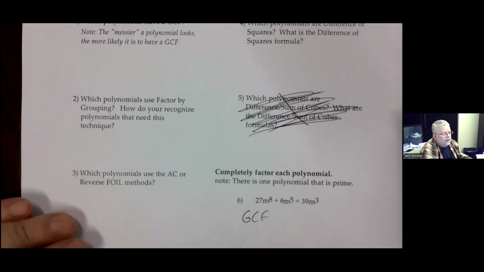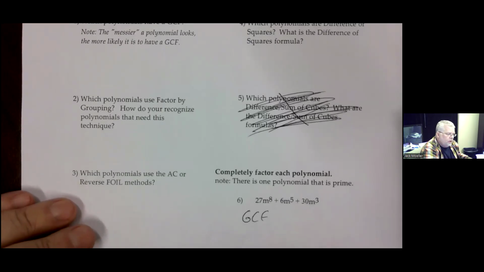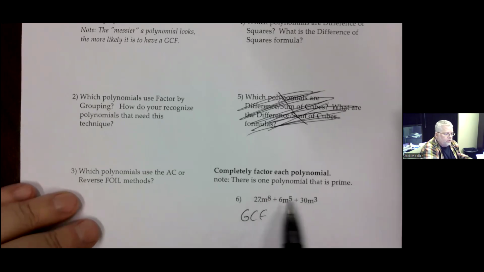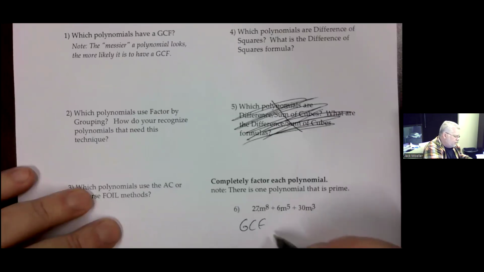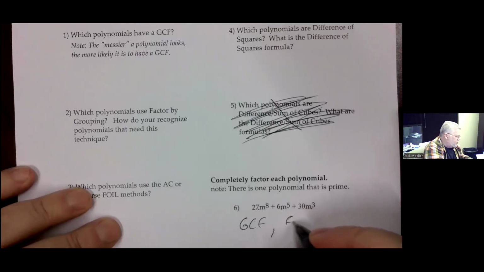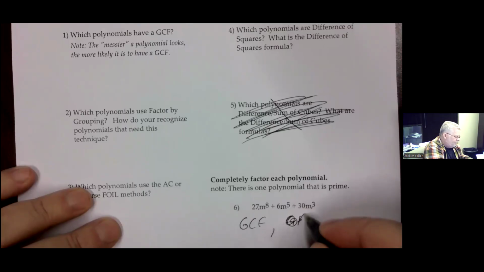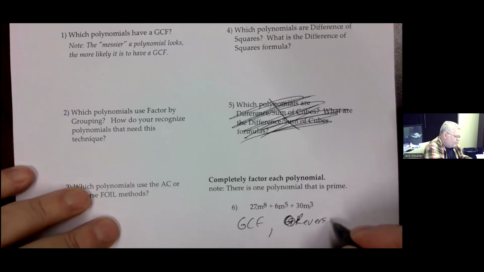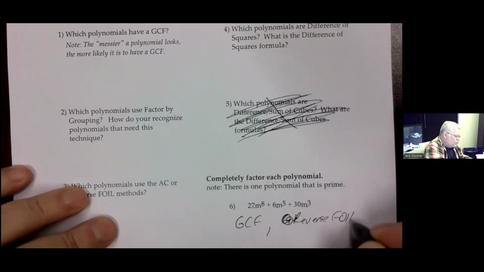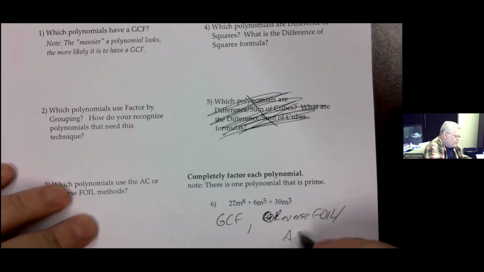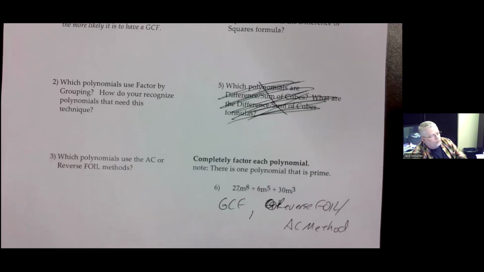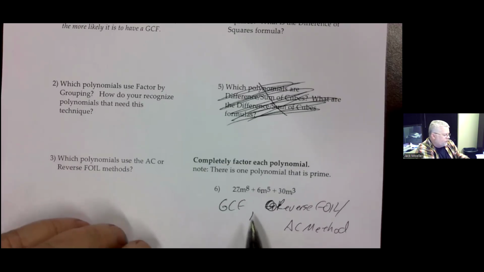Now, is there any other technique that we might use? Well, this is a trinomial because there are 3 terms. So maybe this could be reverse FOIL or AC method. That's the thing with trinomials. You don't know for sure, especially if there's a GCF.